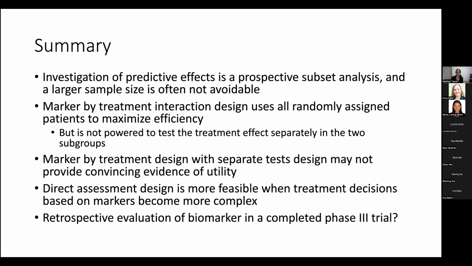If you design your phase 3 trial, keeping in mind and actually specifying that you're going to do this retrospective evaluation of your biomarker, you can get a very high level of evidence for the performance of the biomarker, but you just have to do that a priori. So something to keep in mind is to think about whether you can combine it, and that might be a way of conserving effort and making it more feasible.